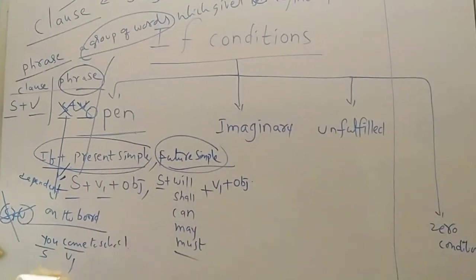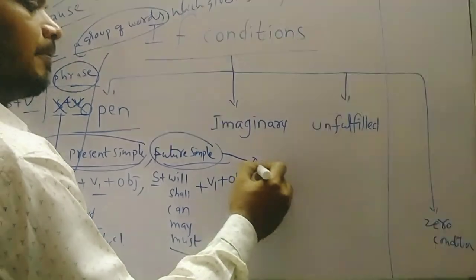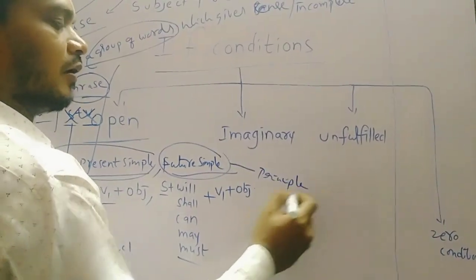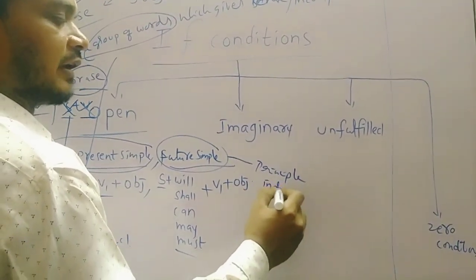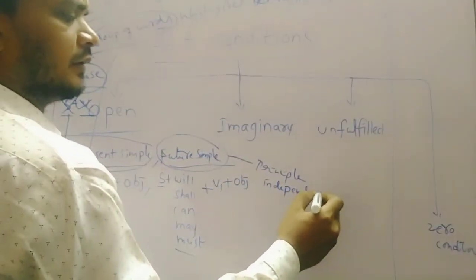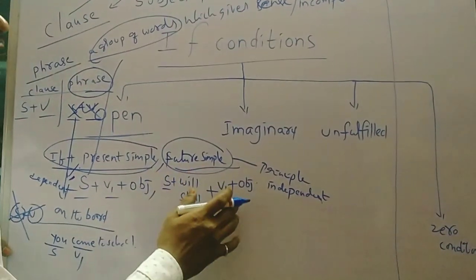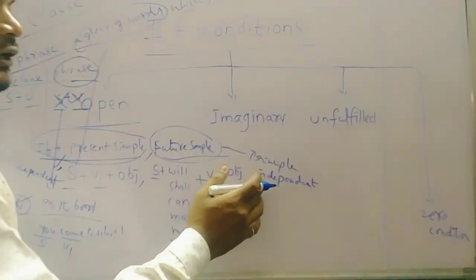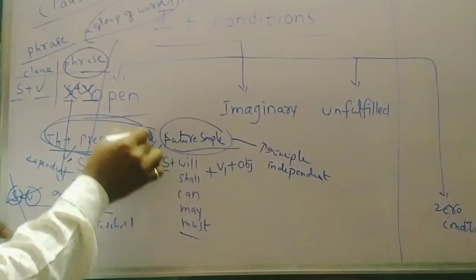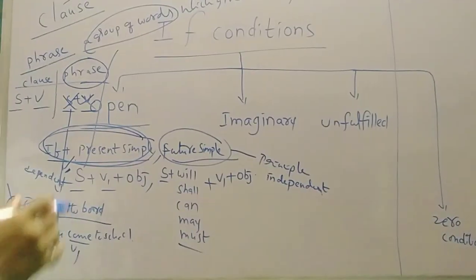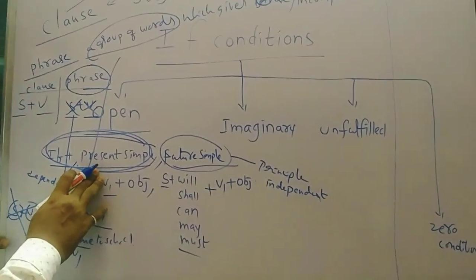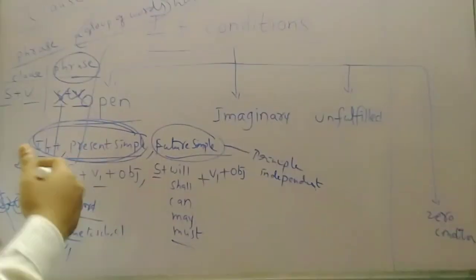The other name for main clause is principal clause or independent clause. This is independent because it can stand alone and it can give meaning. It is a dependent clause because here it cannot stand alone.